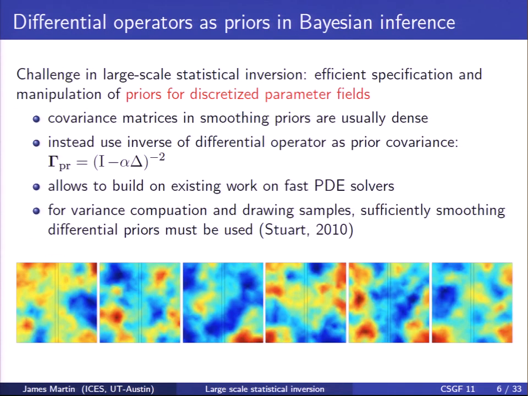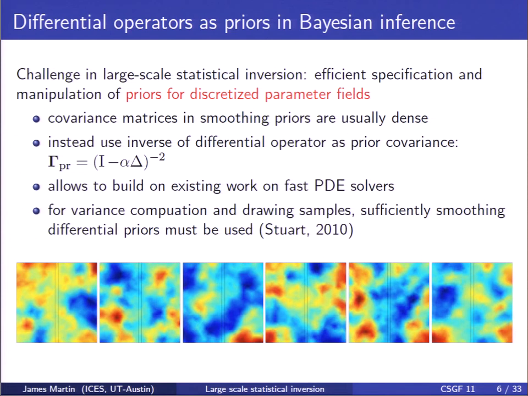For large-scale statistical inverse problems, we can't possibly form dense covariance matrices. And this is a problem because the way people usually describe smoothing covariance matrices is to actually write down the full covariance matrix, and it's dense. And actually, as you refine the problem, the bandwidth of these matrices gets even worse.